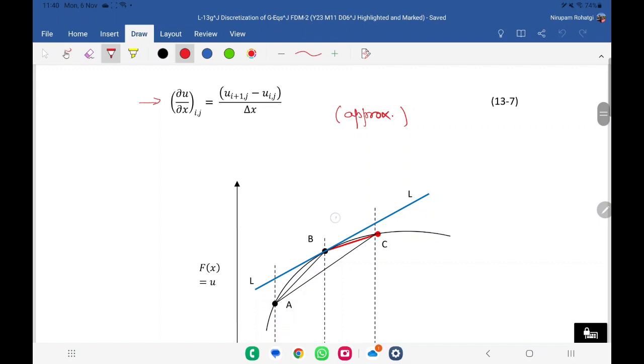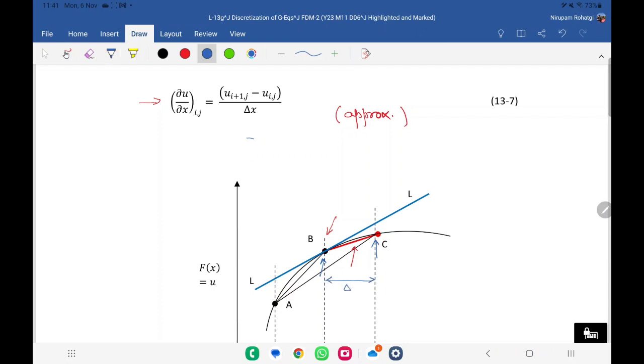The left side is the derivative at this point. The right side is also a derivative written in terms of values. Right? ui plus 1 is this value, and ui is this value, and you divide by delta x. This delta x is this.